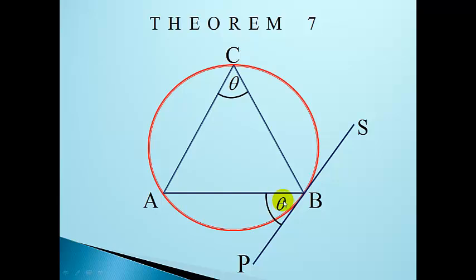This angle theta is equal to the angle that the chord AB subtends at the point C on the circumference. So the angle ABP equals angle ACB. That is theta equals theta. The angles are the same.